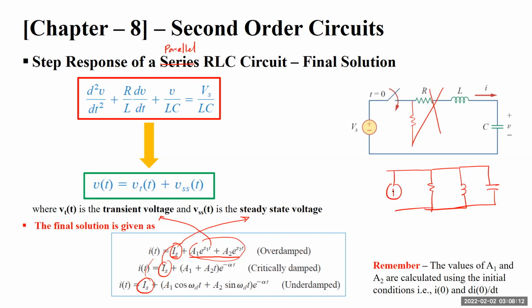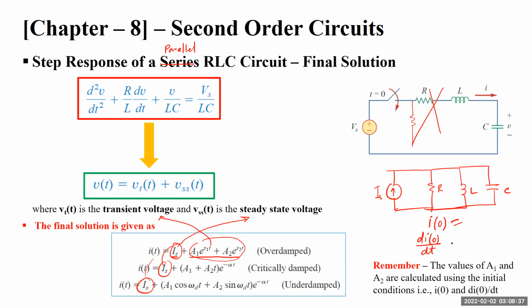This is Is, this is R, this is L, this is C. In order to find out the values of A1 and A2, we have to find out the initial conditions for current I at t equals to 0 and dI/dt.